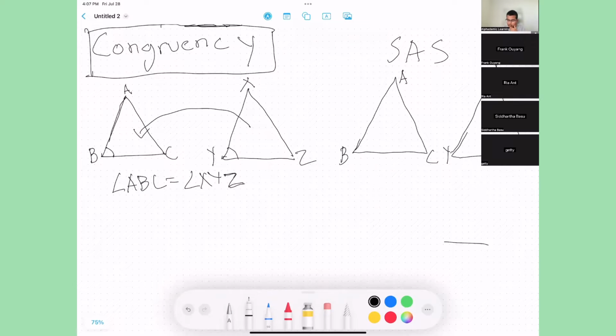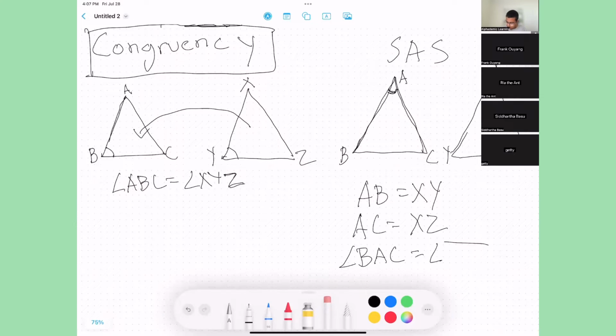So if you're given that, say, AB equals XY, and AC equals XZ, and the angle between them, which is the angle between AB and AC, is angle BAC, so angle BAC equals angle YXZ, then these two triangles are congruent to each other based on the side angle side congruence theorem.